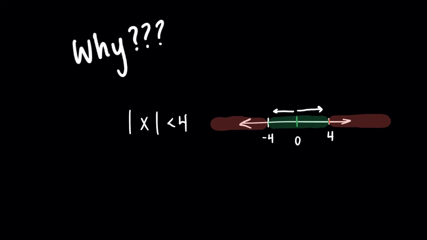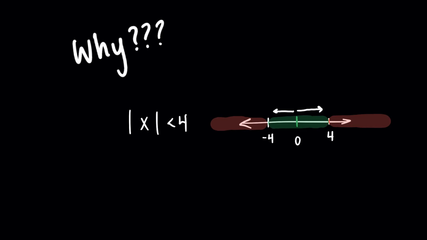So what happens here is when you get absolute values that happen to be less than a certain number, it creates these situations where you have a zone, like a habitable zone, to use a science term, where the inequality can be true. Inequalities like this happen to have the and nature to them, right? So it's greater than negative 4 and it's less than 4.